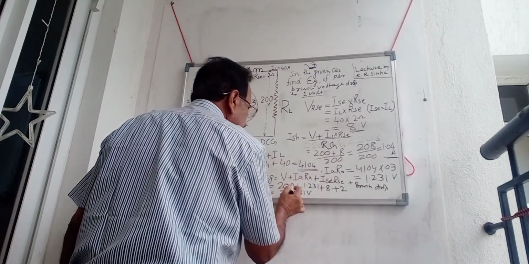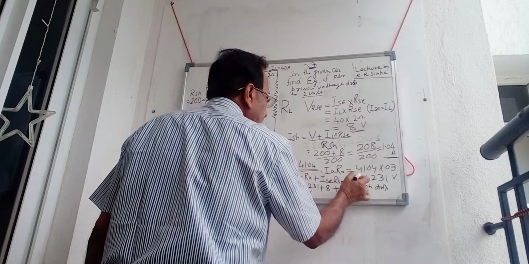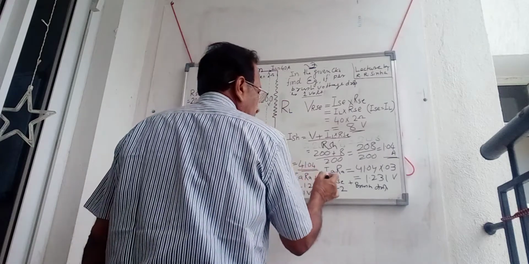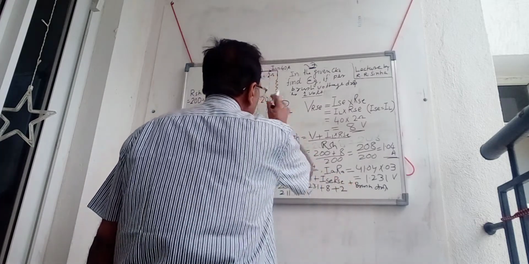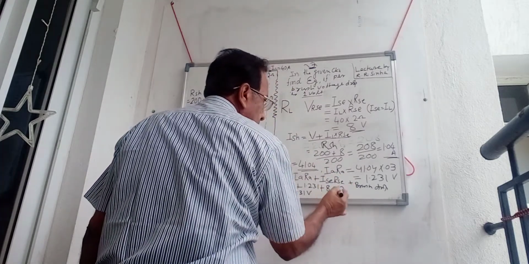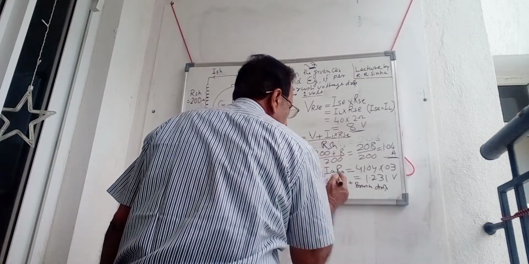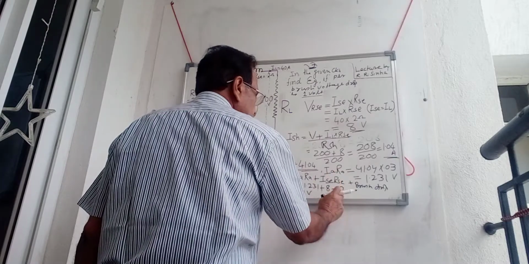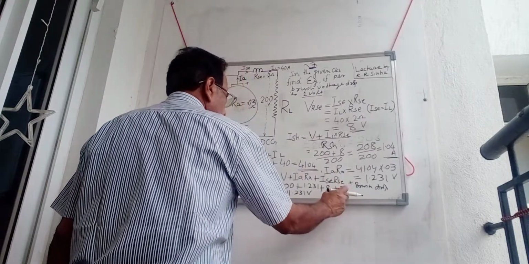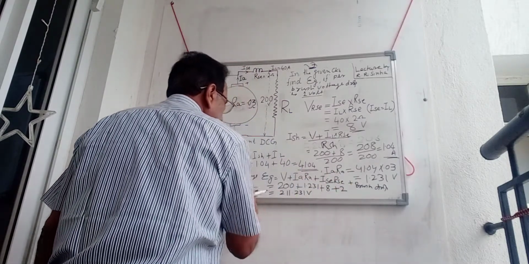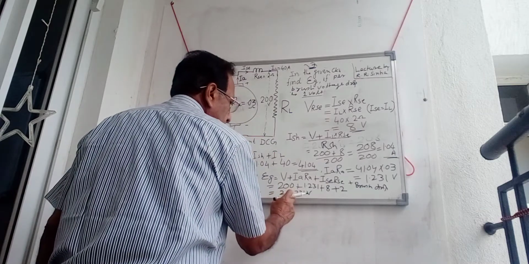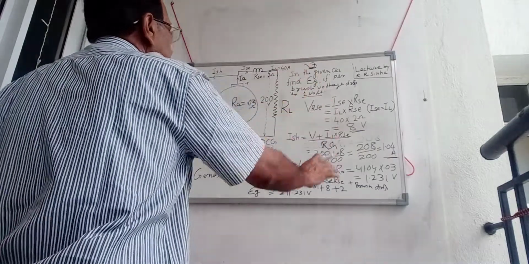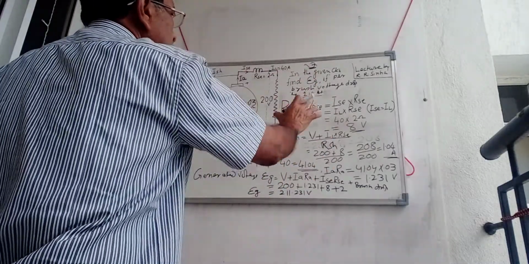Terminal voltage 200, IARA drop 1.231, voltage drop across the series resistance 8 volt, and brush voltage drop is 2 volt, since 1 volt per brush means 2 volt for 2 brushes. Now all together EG is 211.231 volt. This is the generated voltage of the short shunt DC generator.